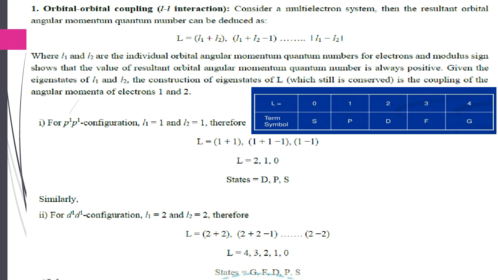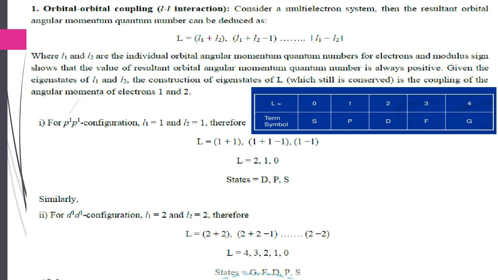If you consider any two electrons present in a particular orbital, the interaction happening between those two electrons is orbital coupling. That can be represented as the total resultant orbital angular momentum quantum number, capital L. So capital L is equal to L1 plus L2, where L1 is the orbital angular momentum for the first electron and L2 is the orbital angular momentum for the second electron.